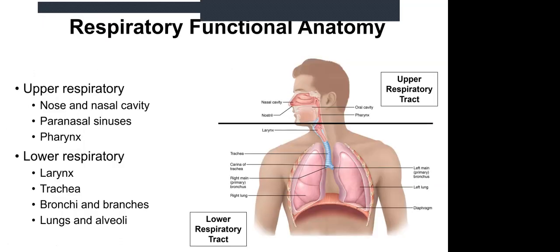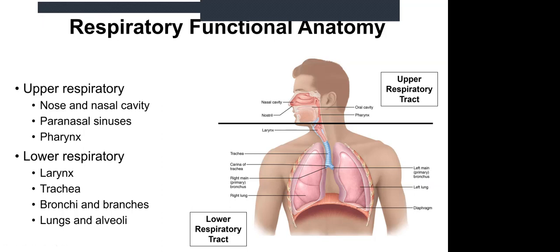Okay, so again, as I mentioned, I'm going to cover part one, the respiratory system functional anatomy, in this video lecture. So we break up the respiratory system into the upper respiratory tract and the lower respiratory tract.